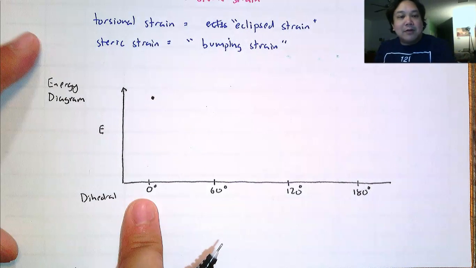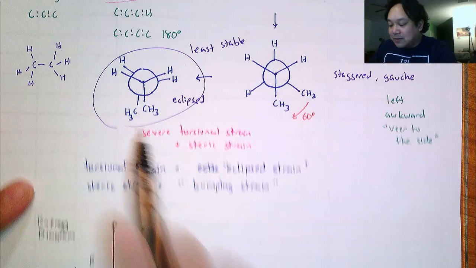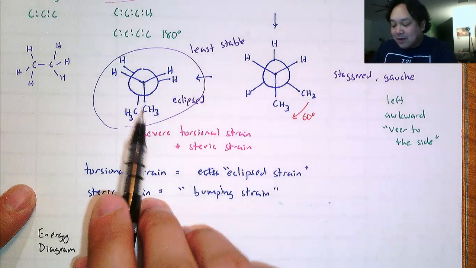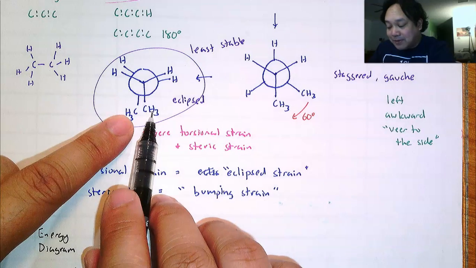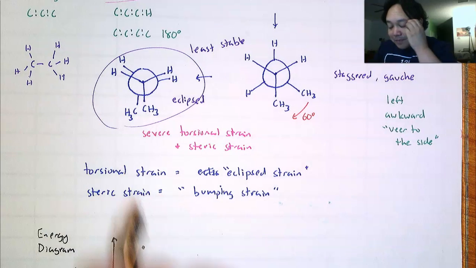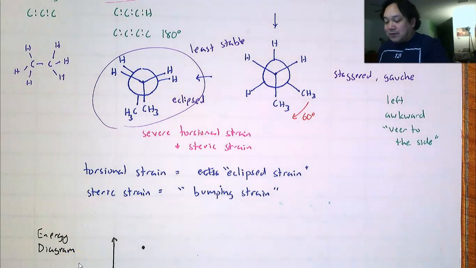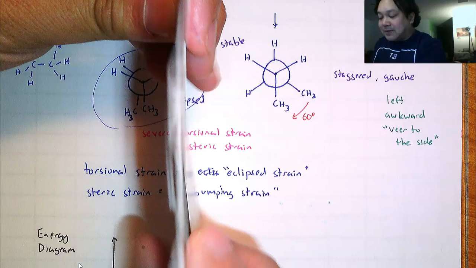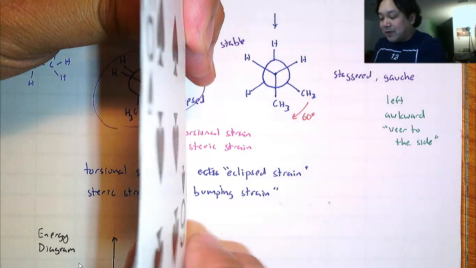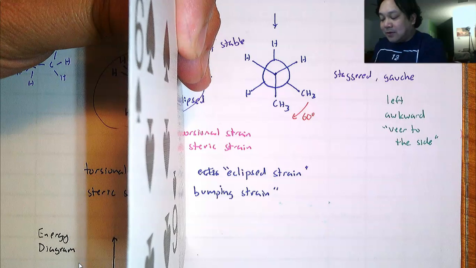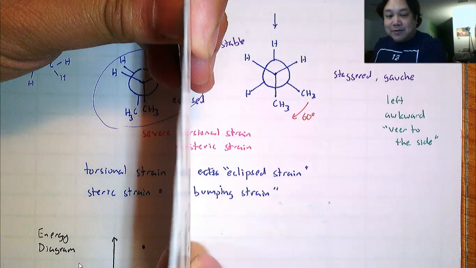Well, I'm going to define 0 to be the two methyl groups on top of each other. And that's going to be my starting point, 0. Because we have our two playing cards, and that's the 0 dihedral angle if we're focused on the atoms that are right on top of each other.